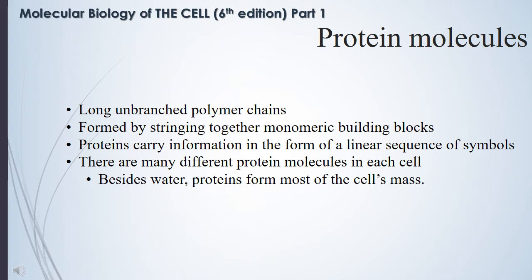These proteins carry information that is encoded in DNA, and again, each protein has a specific function. And altogether, besides water, proteins form most of the mass in the cell.